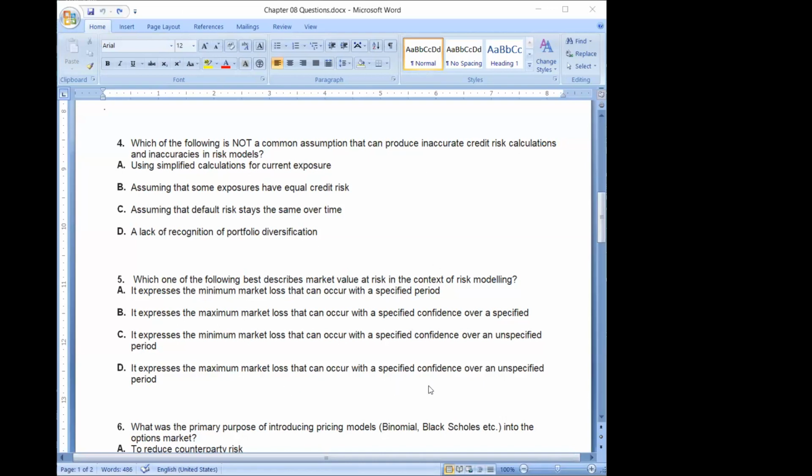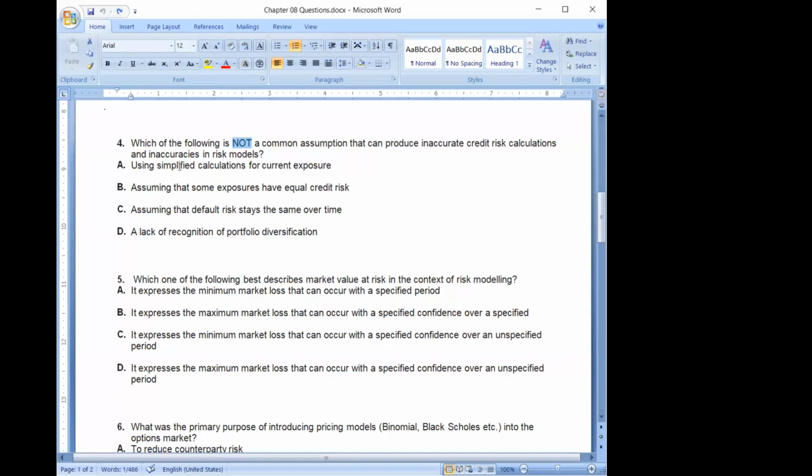Right. Let's see. Question number 4. Which of the following is not a common assumption? Again, read the question properly. Not a common assumption that can produce inaccurate credit risk calculations and inaccuracies in risk models.